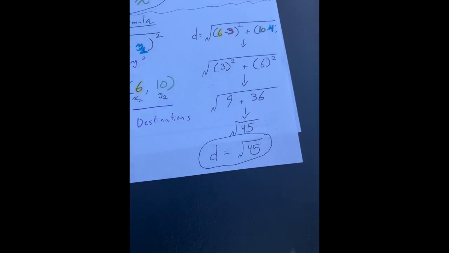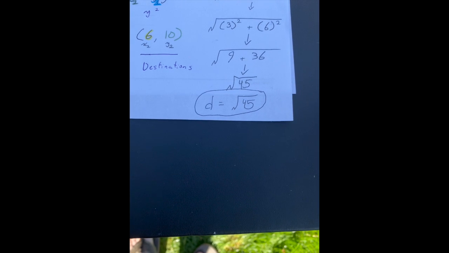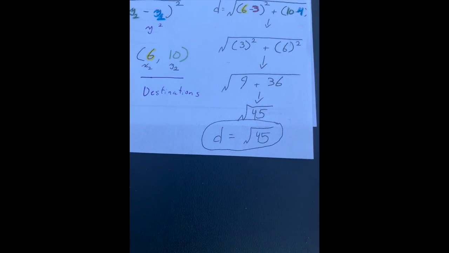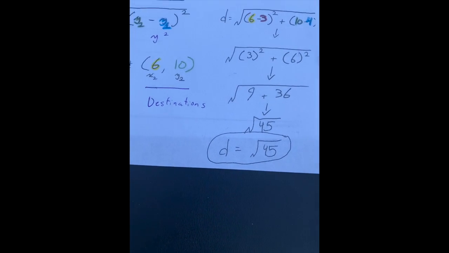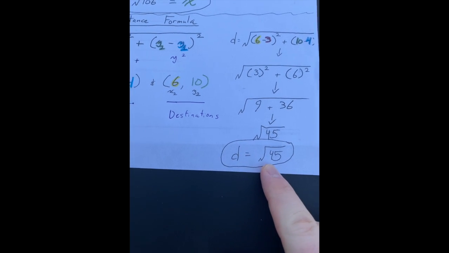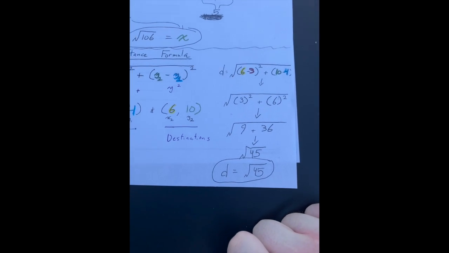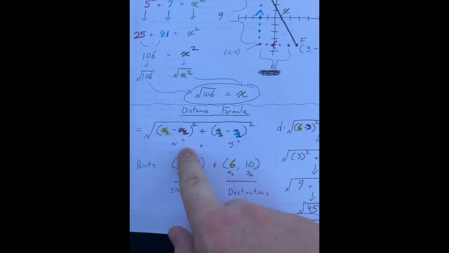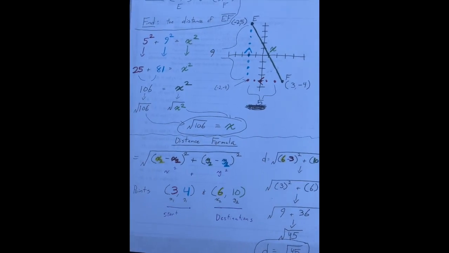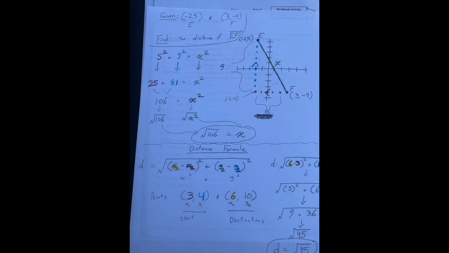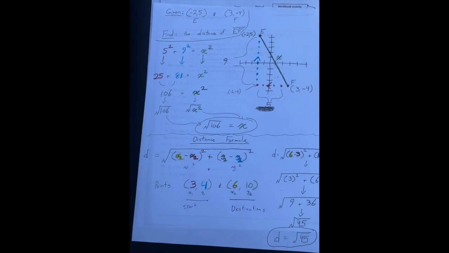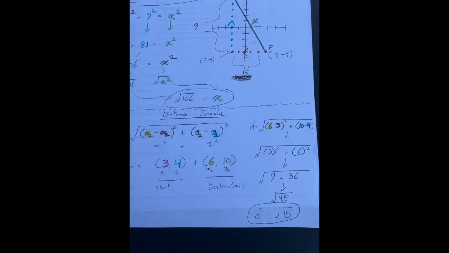Then you can either use your calculator to find the decimal answer, such as what is the square root of 45, or you can just write your answer as radical 45. And that's all it is. So yeah, distance formula is right there in case you need it. If you're on the test, you guys will probably have this formula available to you. But that's pretty much the gist of how you do it.